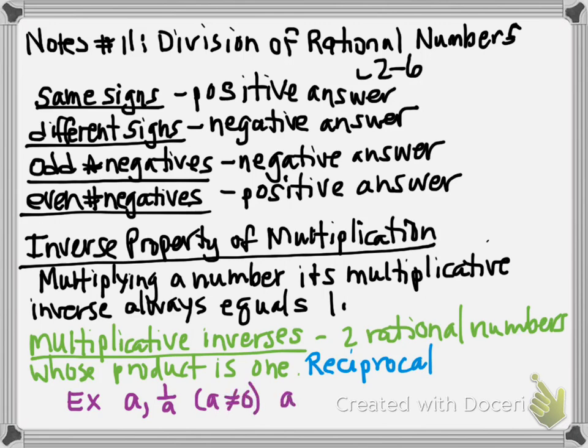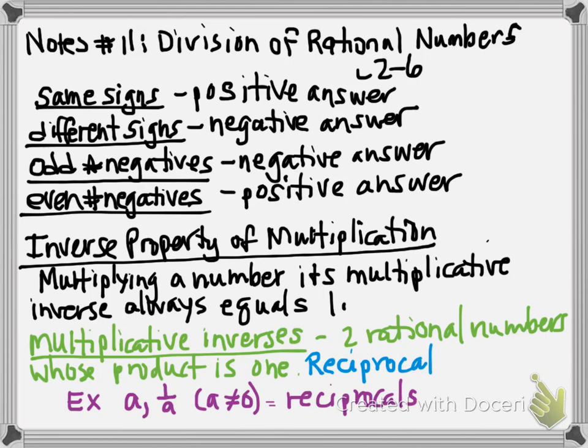These are called multiplicative inverses or reciprocals. Remember the stipulation: the reason why we can't have 0 in a denominator is because you can't divide by 0. So any number and its reciprocal are called multiplicative inverses.